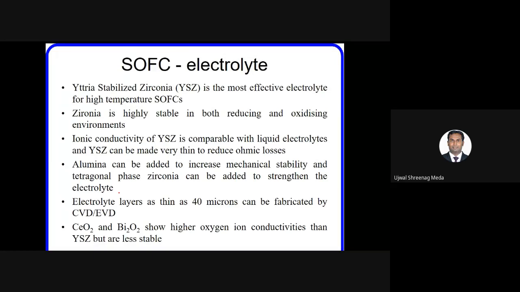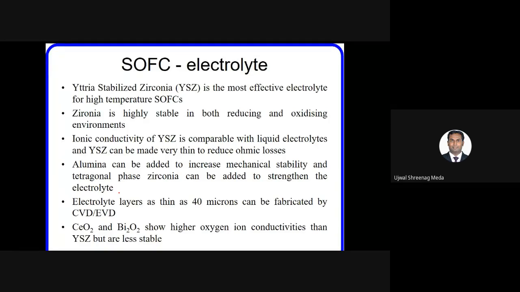And along with this YSZ, along with yttria, a little alumina is also added in some cases, which provides additional mechanical stability to strengthen the electrolyte. The other variants with respect to the electrolyte material are CeO2 and Bi2O3.